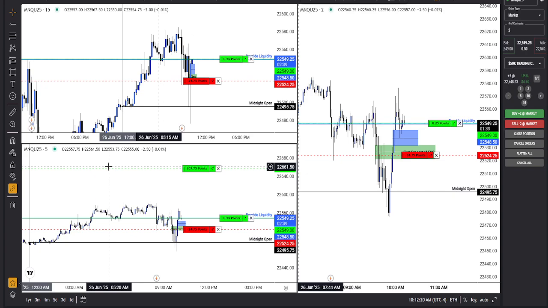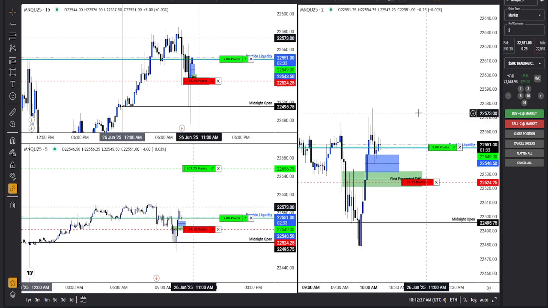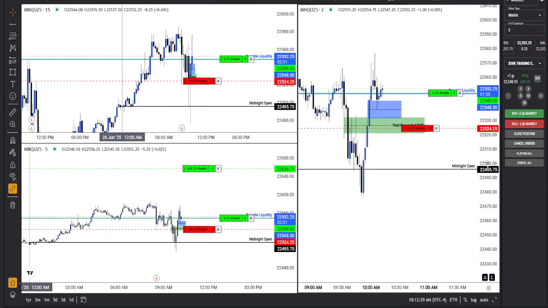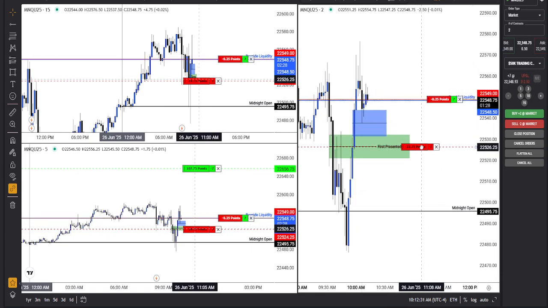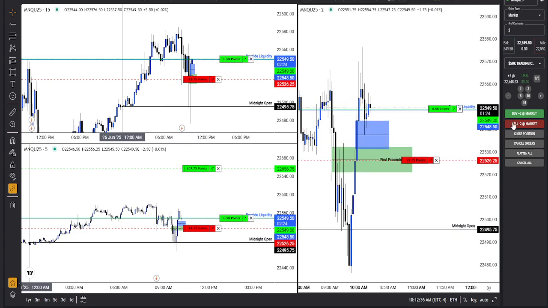I'm legit not a fan of what happened here, but what can you do? My risk is a little bit higher than usual.